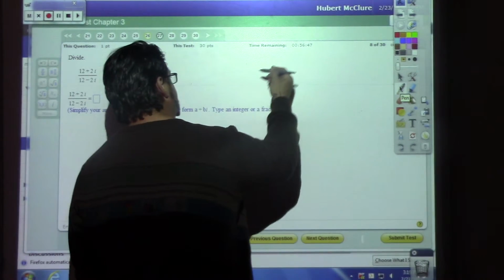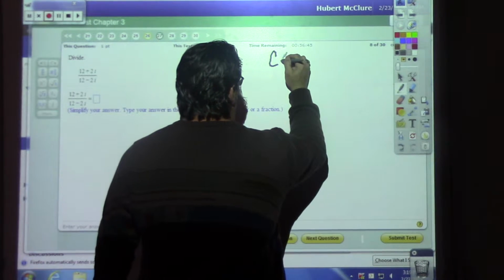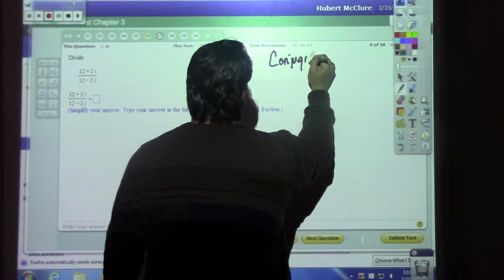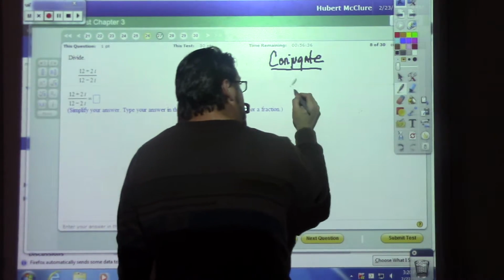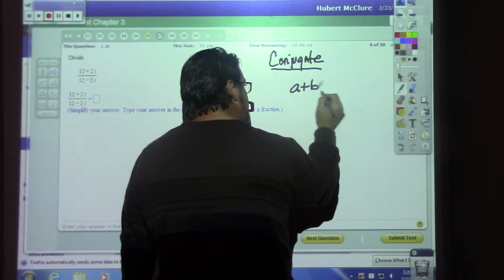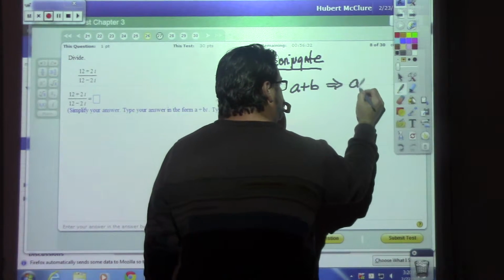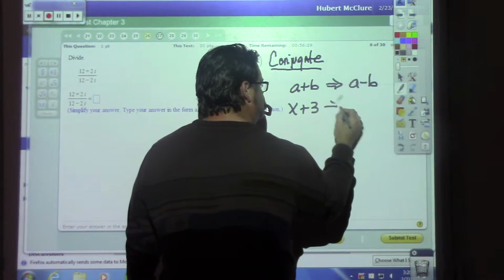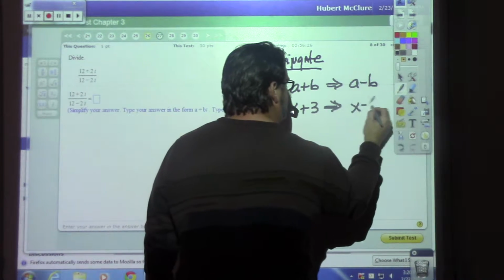The conjugate of a plus b is a minus b. Conjugate is the opposite operation. The conjugate of x plus 3 is what? x minus 3.